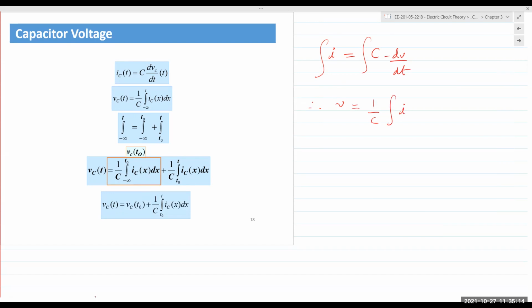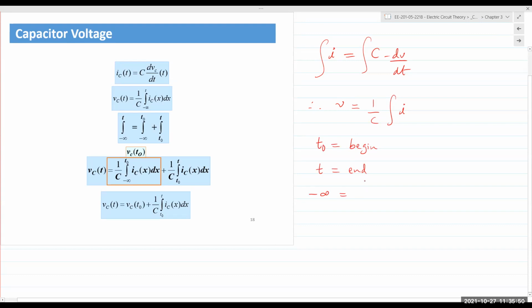Okay. First, let's talk about the limits of the integration. Minus infinity to t. What does it represent? Well, you're beginning your analysis at t0, and then you're going to stop at time t. Right? So t0 is the beginning of your analysis. t is when you will end. Minus infinity is all the way to the beginning of time.